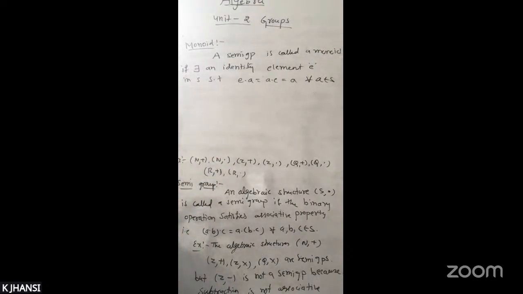For the example of a monoid, it should satisfy the associative property and also the identity property.